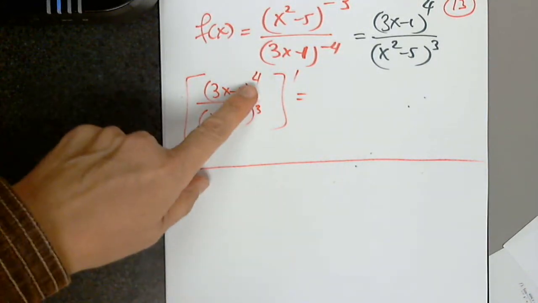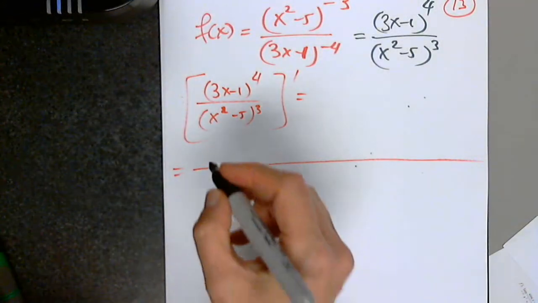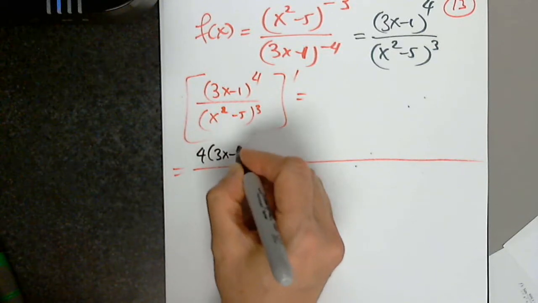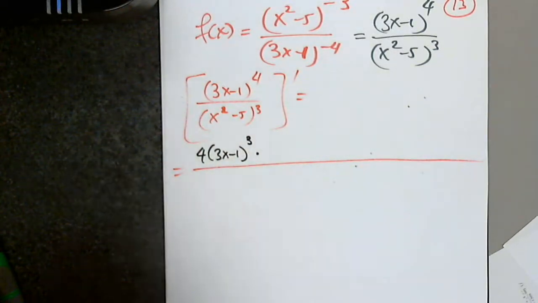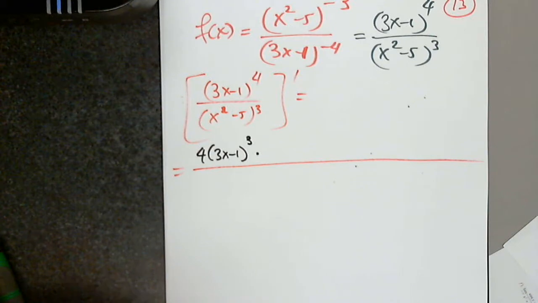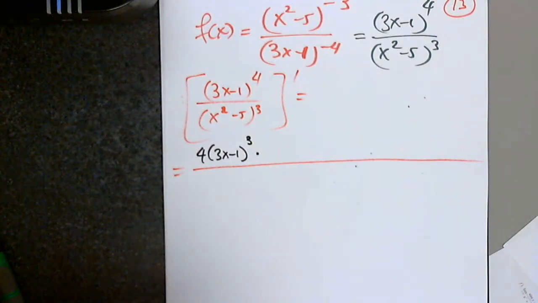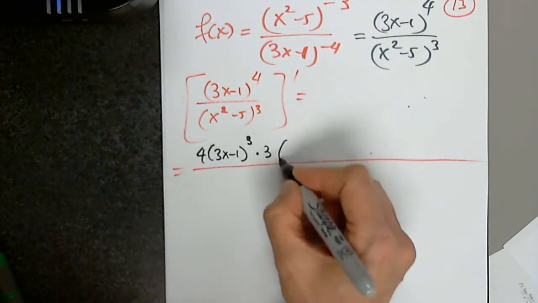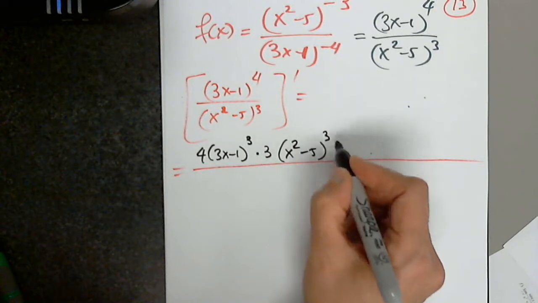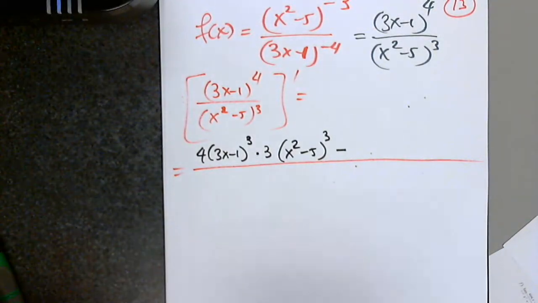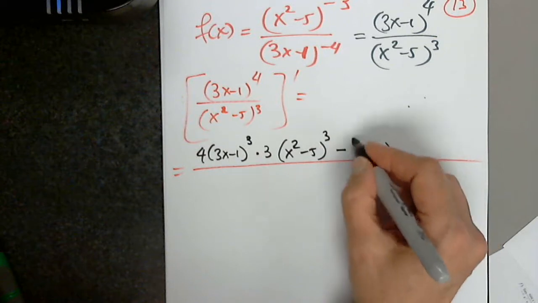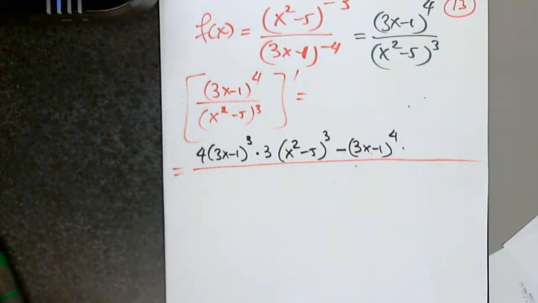The top function prime, 4, 3x minus 1 to the third times, very good, times the denominator, which is this, minus the top times the denominator prime.